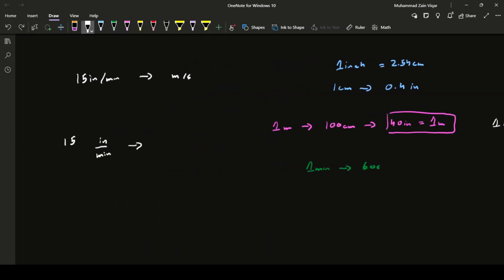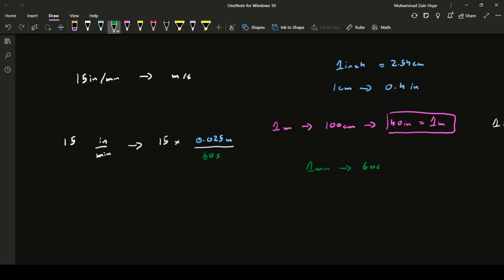So now instead of 1 inch, I replace it with its value. First I need to write the number as well, which is 15 multiplied by 0.025 meters divided by the conversion of minutes, which is 1 minute was equal to 60 seconds, so I just write 60 seconds.